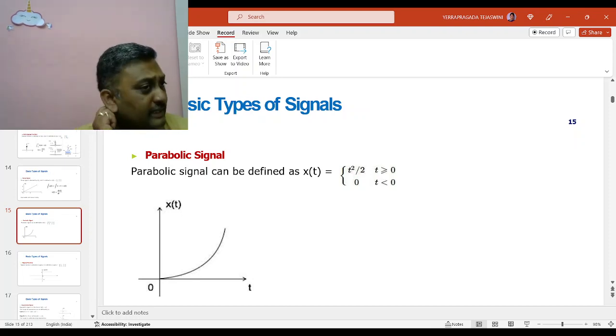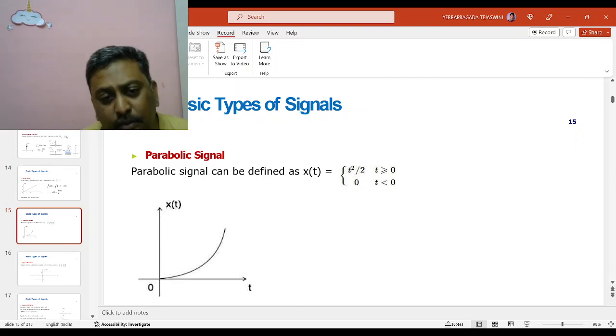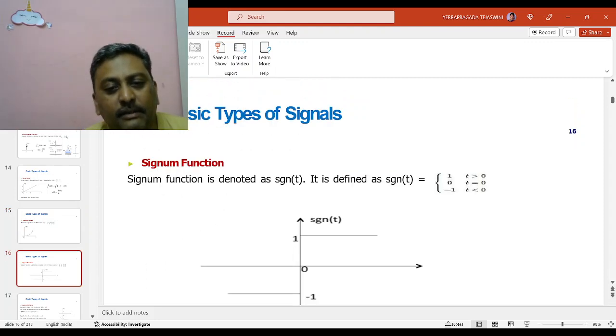At t equal to 1, the value would be 1 by 2, that is 0.5. At 2, t square by 2 is 4 by 2, which is 2. And at t equal to 3 seconds, 3 square by 2, its value would be 4.5. Likewise, it is going to increase in the manner of t square by 2.